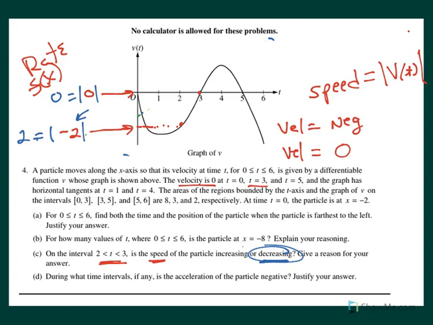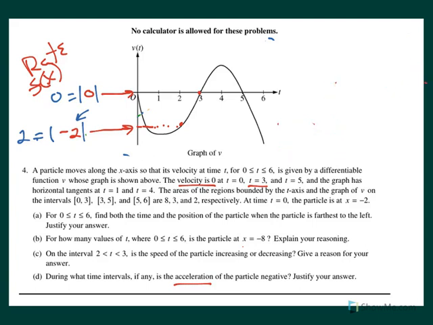And part D, they want to know during what time intervals, if any, is the acceleration of the particle negative. So when I read this, I see acceleration. Remember, we know the first derivative of position is the velocity, and we know the derivative of velocity is acceleration.